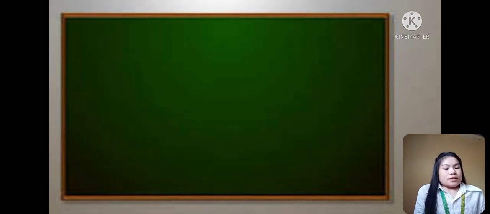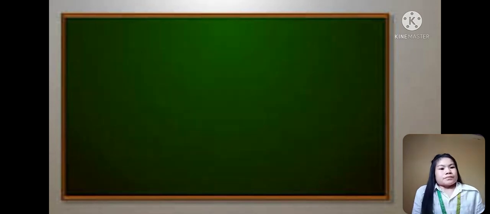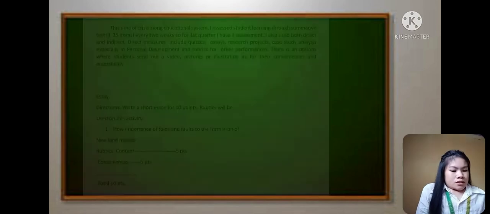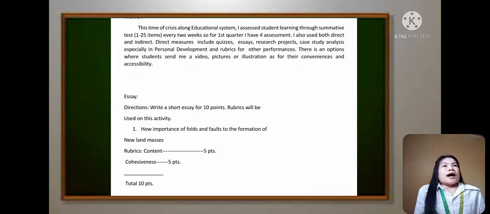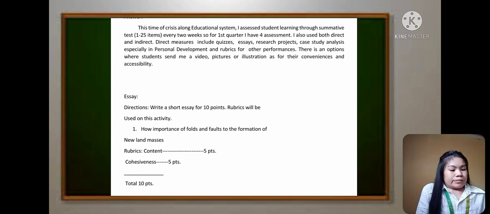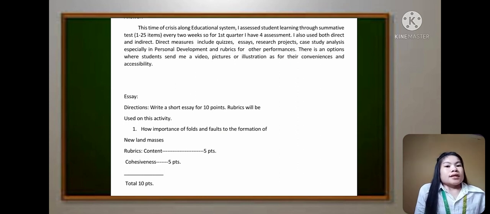Activity 2 in take action. So I have interviewed a teacher and here is the answer in my interview. In this time of crisis in our educational system, I assess student learning through summative tests 1 to 5, 20 items every 2 weeks.